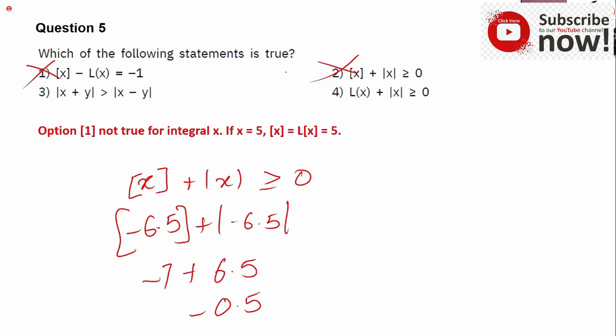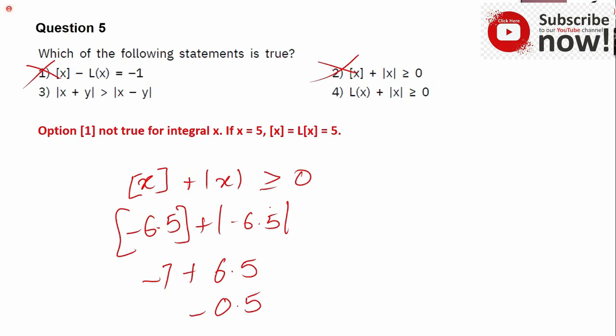What about the next? Least integer of X plus mod of X is greater than or equal to 0. Pretty similar to this. Again, same logic: if I put positive, then positive plus positive will be greater than 0. So no problem. So better let's try for negative. If I put the least integer of X, let's use the same value, minus 6.5.